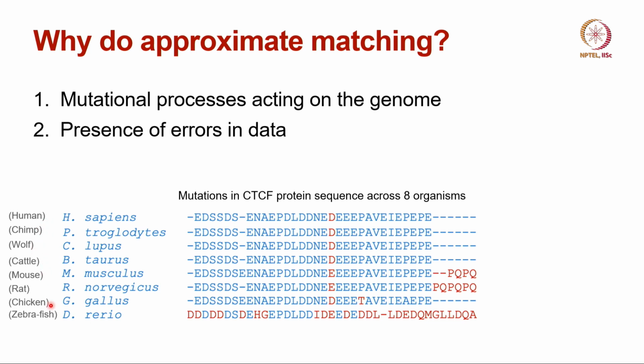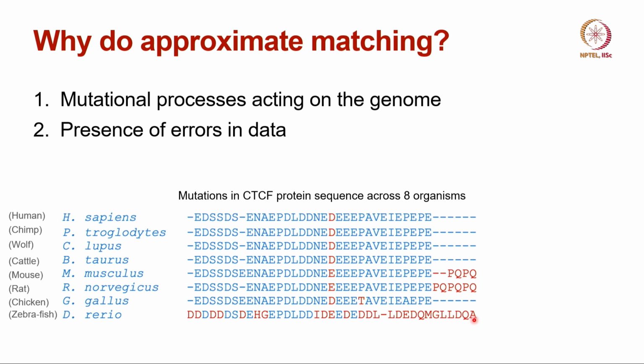And you can see that in their protein sequences, although there are many characters matching within them, there are also certain mutations, and the number of mutations can vary depending on the organism. So for example, the number of mutations between human and chimpanzee are fewer, versus if you think of human versus chicken or human versus zebrafish, there are many more mutations. So depending on how far the organisms are in the evolutionary tree, you can expect to see more number of mutations.